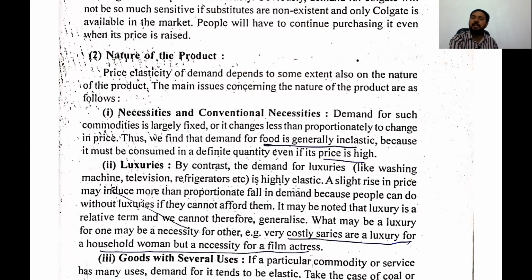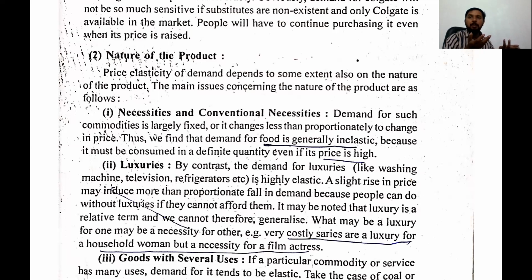When the price is decreased in such kind of product, people will buy more of it. A slight rise in price may induce more than proportionate fall in demand because people can do without luxuries if they cannot afford them. Some of the people might afford some things, then they are quite highly elastic with the price.